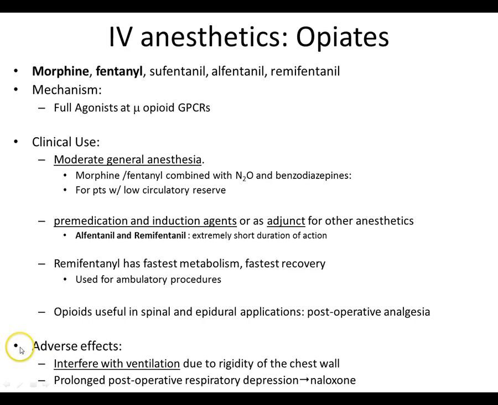Obviously, we've already discussed at length many of the adverse effects of the opioids in the context of anesthesia, that their ability to interfere with ventilation due to the rigidity of the chest wall is significant. And again, prolonged postoperative respiratory depression can be reversed with the antagonist naloxone.